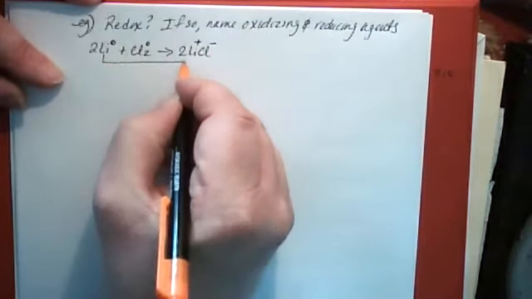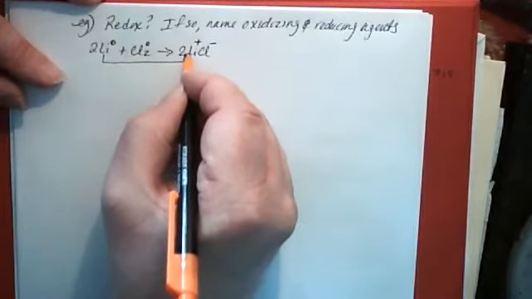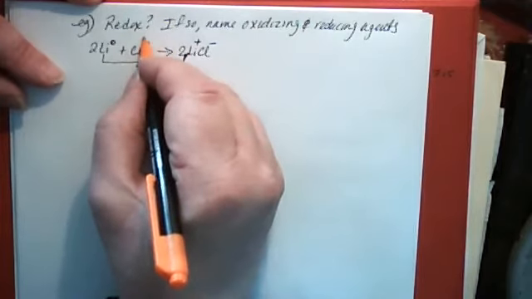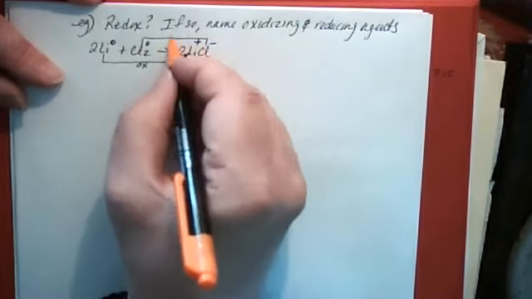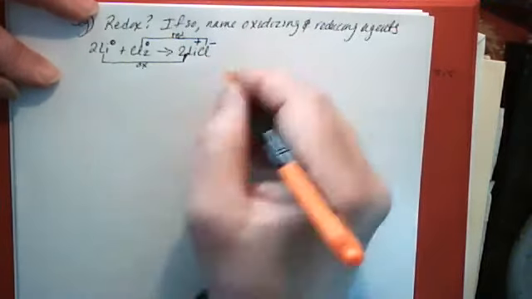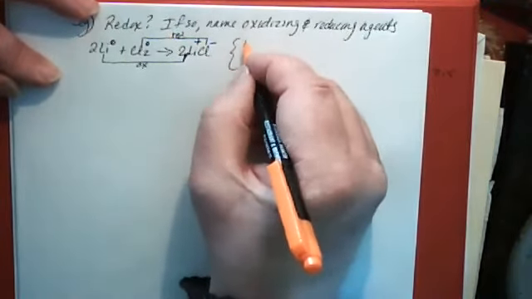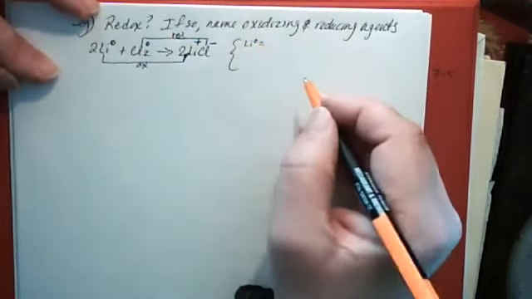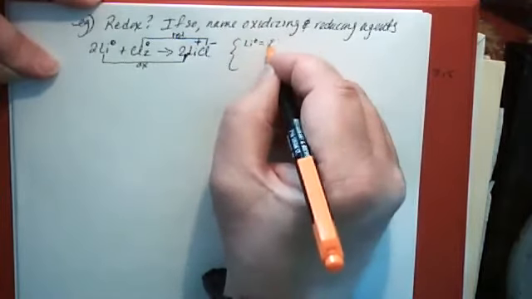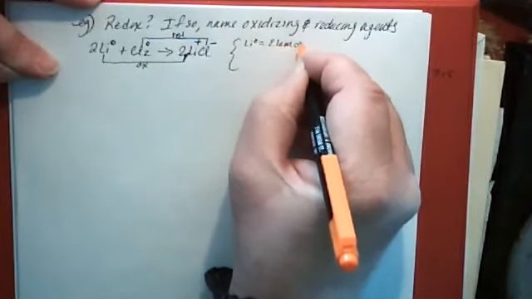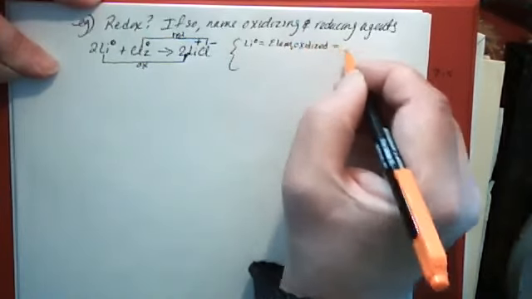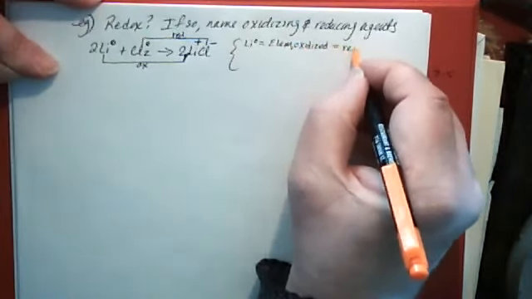So lithium 0 to lithium +1 is an oxidation, and chlorine 0 to chlorine -1 is a reduction. In this reaction, lithium, that is the element lithium, is the element oxidized, and that means it's the reducing agent.